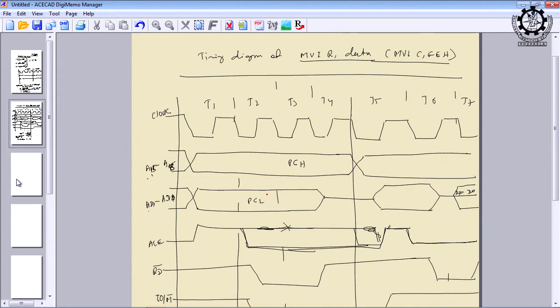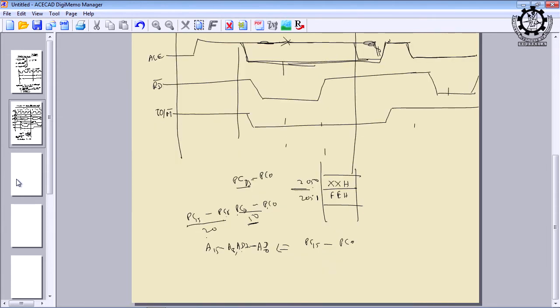Is it clear? So, PCH will be made available from A8 to A15 and PCL will be made available from AD0 to AD7. The meaning is that now AD0 to A15 completely holds the address 2050. At what time? During the first machine cycle.